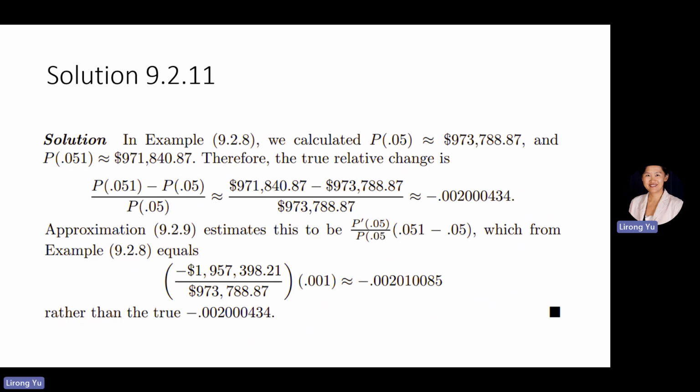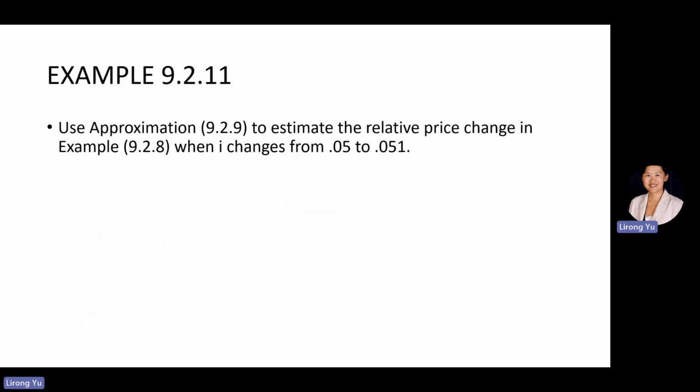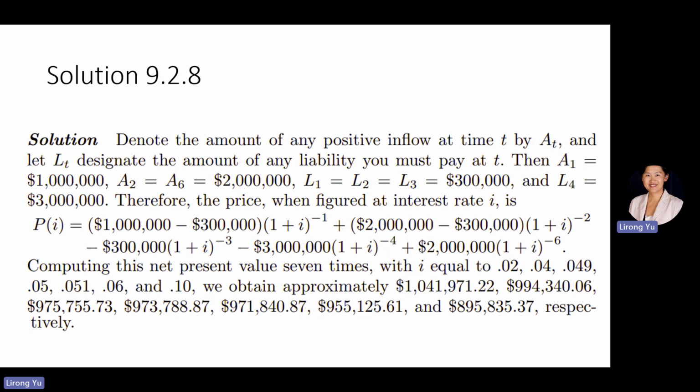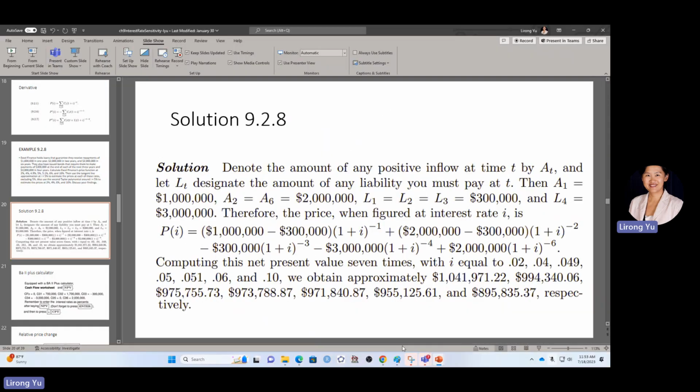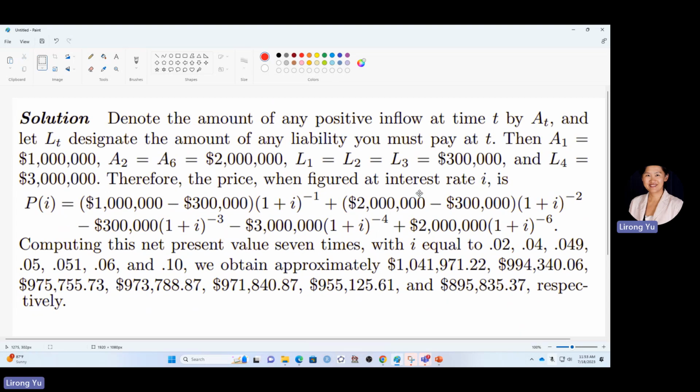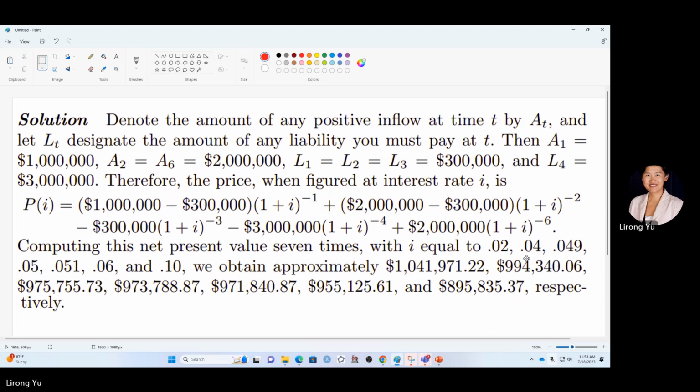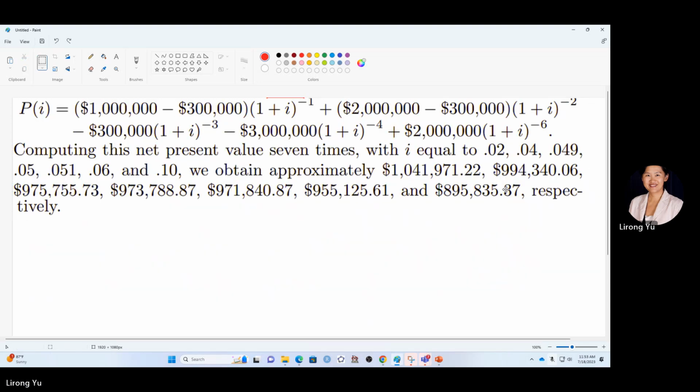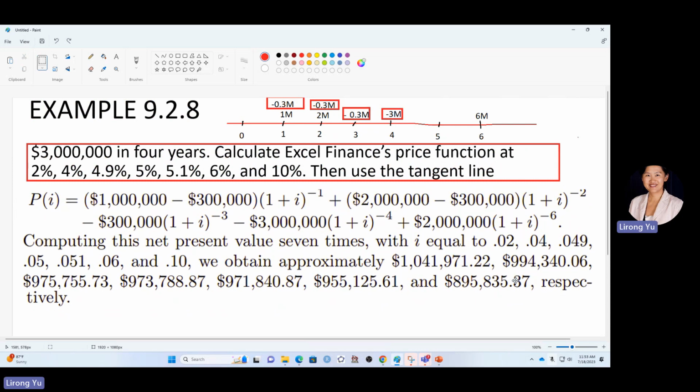Since we already have those prices already calculated and they're already on the page here, I guess we could use these as our values in our computation. You can certainly use the numbers that are already in here. So this is our price function.